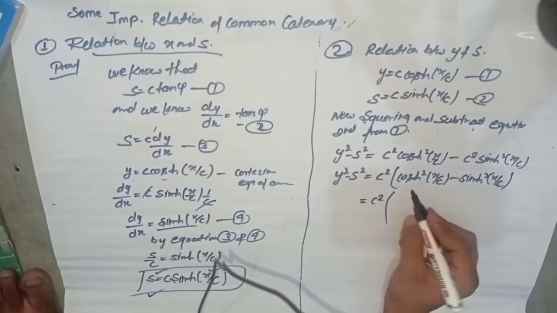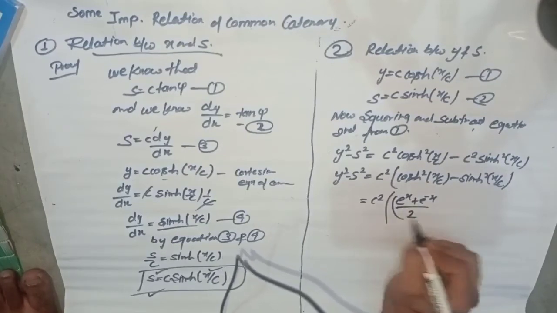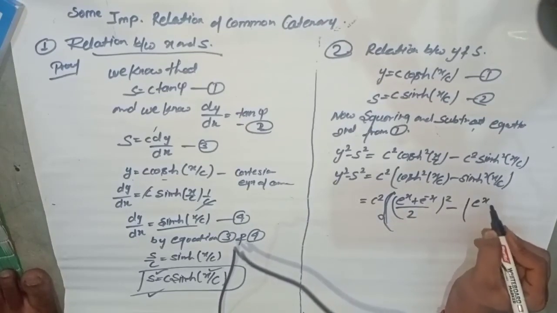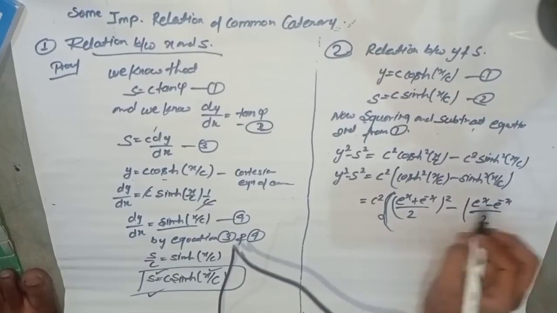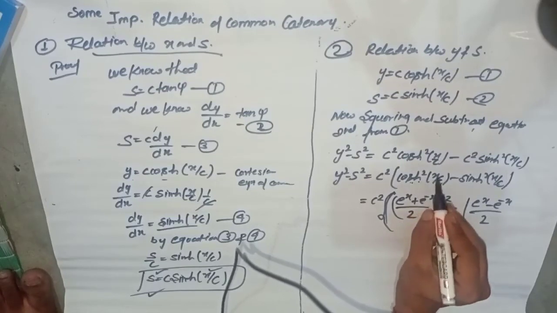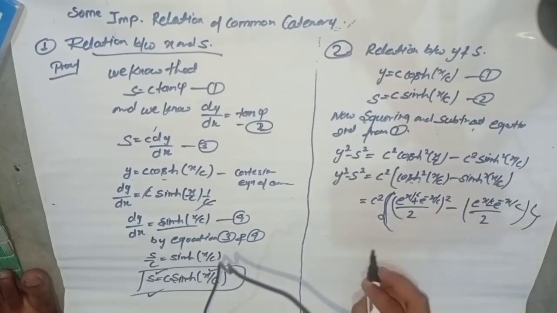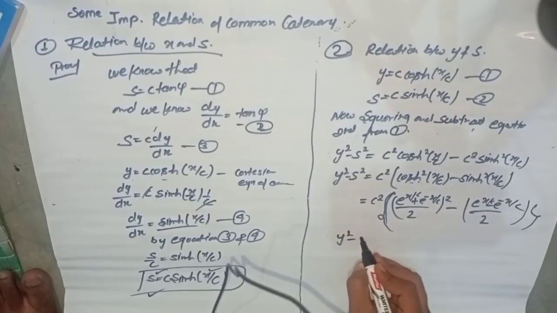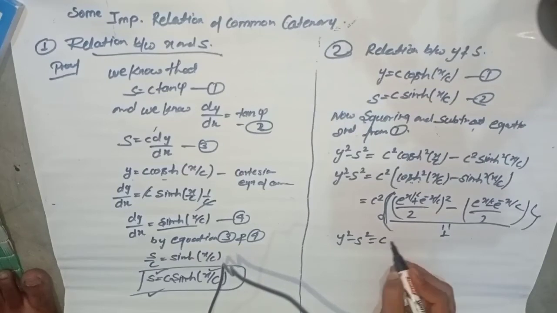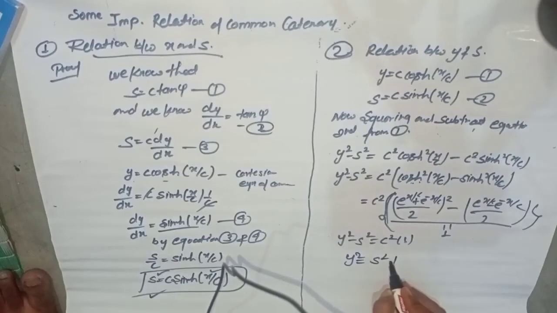Now we put the value of cosh as (e^x plus e^-x)/2, whole squared, minus the value of sinh squared, (e^x minus e^-x)/2, here with x/c. Now we solve, and after solving this value is equal to 1, so y squared equals s squared plus c squared.